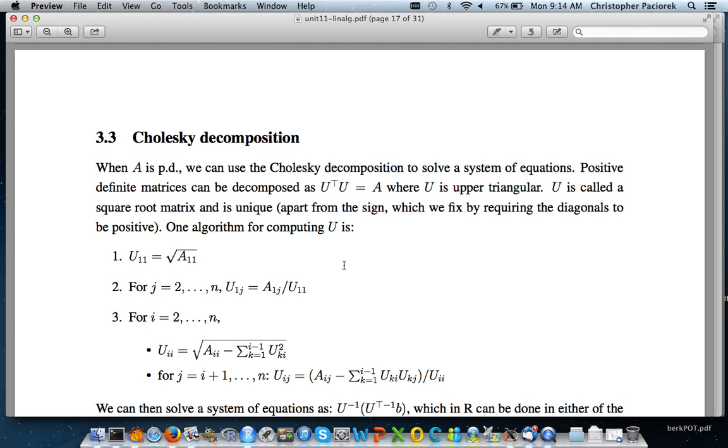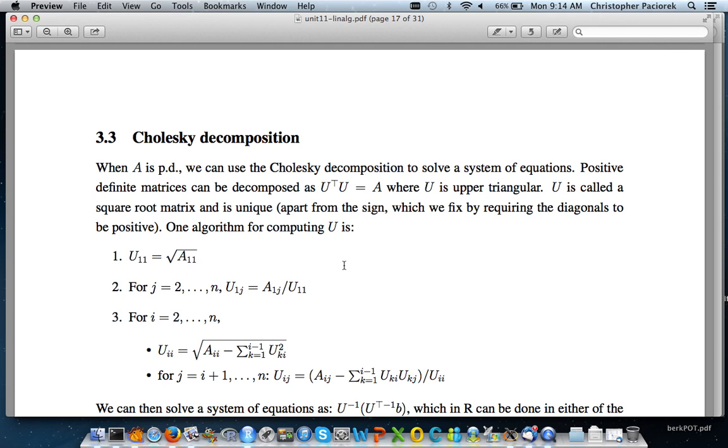And I should be able to proceed in similar fashion along this row, and I'll just get that U1j is A1j over U11. So that's going to allow me to finish off that row of the U matrix. Okay, questions or comments at this point?